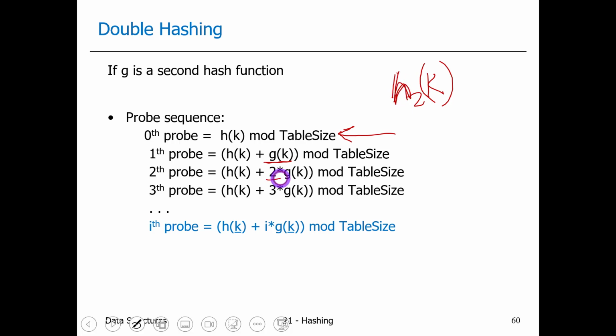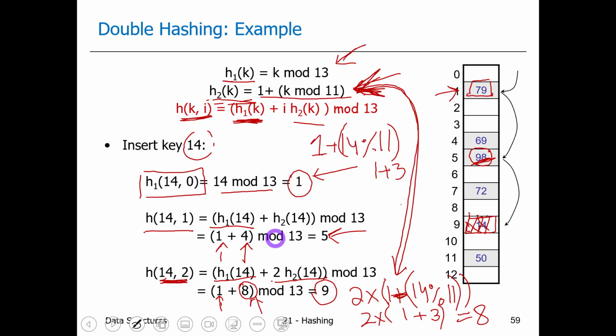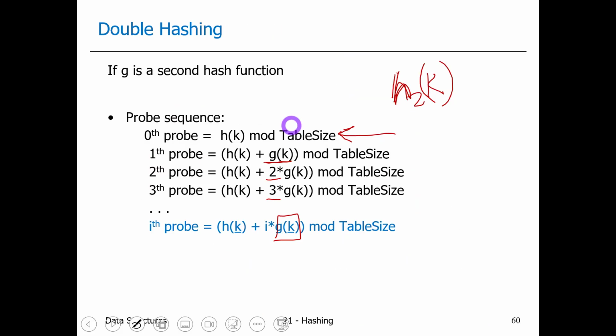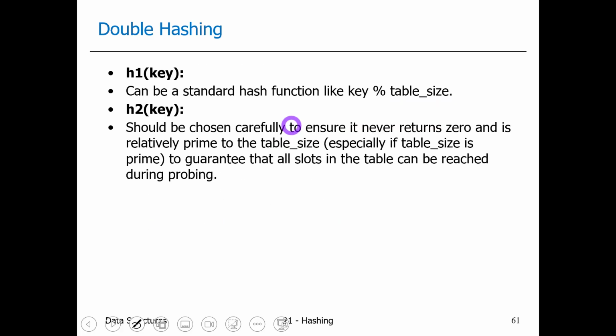Then it is 2 into g of k, then 3 into g of k, and so on. So i is increasing. This g of k is the same as h2 of k, which was written over here. You can write h or g, h1(k) and h2(k), whichever you want.